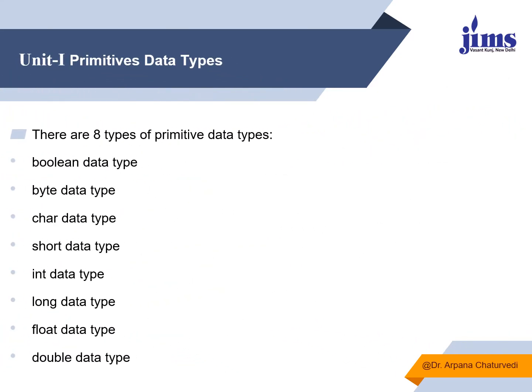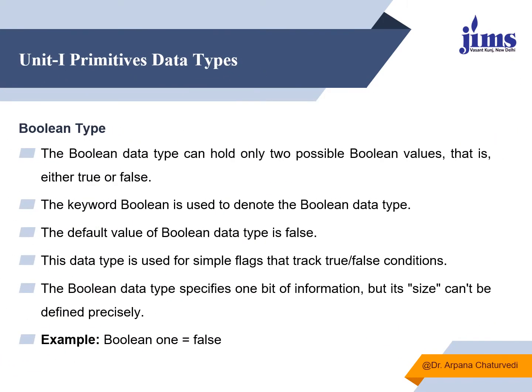So the 8 primitive data types are boolean, byte, char, short, int, long, float and double. We'll talk about these one by one. When we talk about the boolean data type, boolean means either true or false.